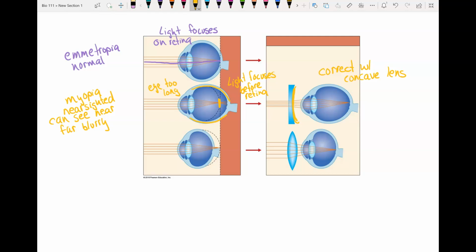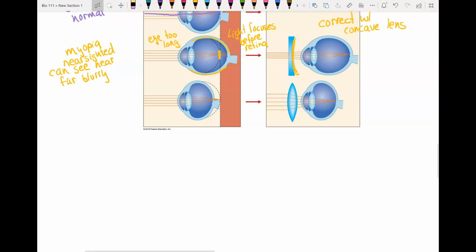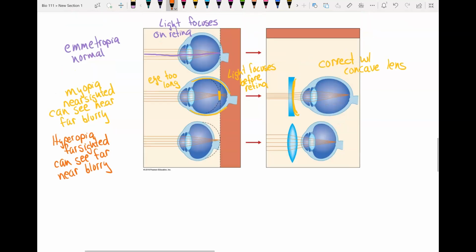The other situation is to have hyperopia, which is farsighted. This means you can see far, but near is blurry. So if you compare this eyeball to the normal one at the top, the eyeball is too short.